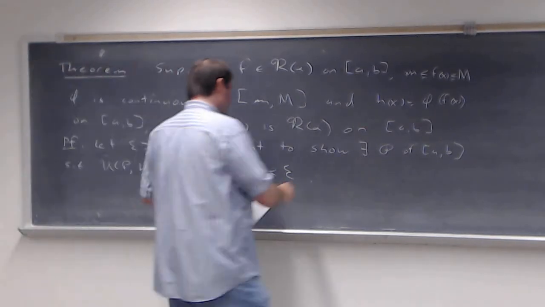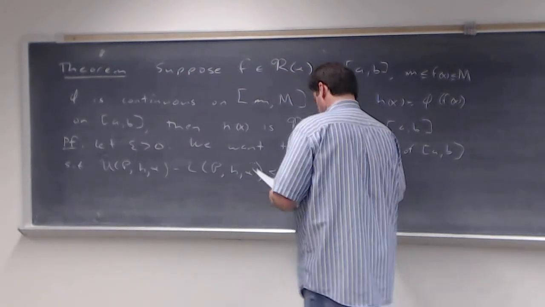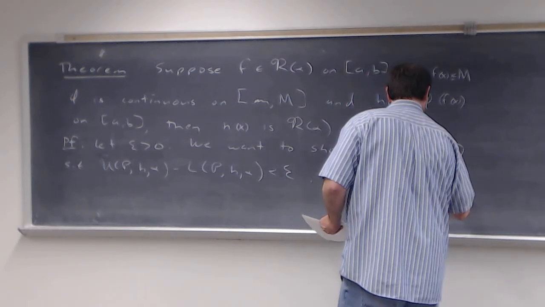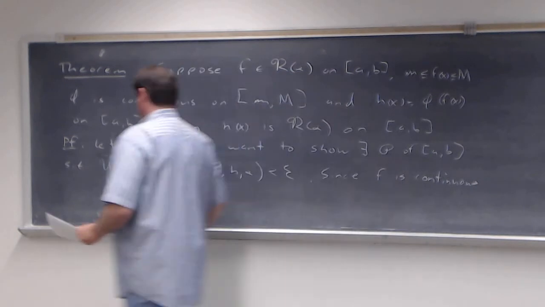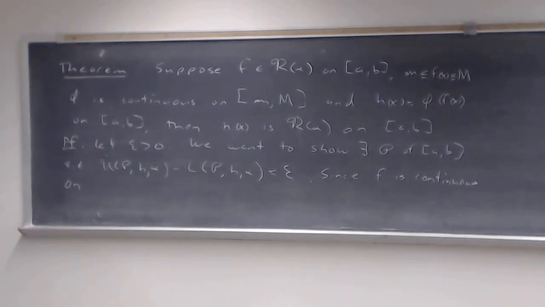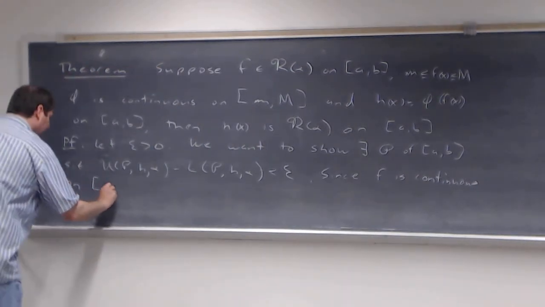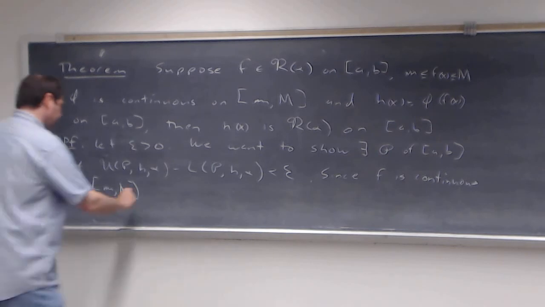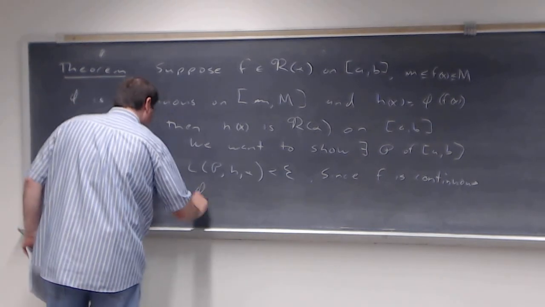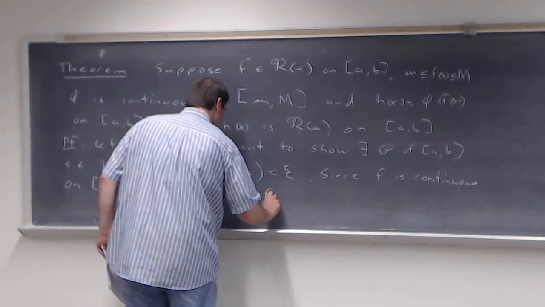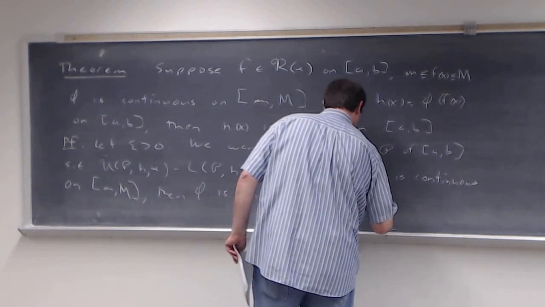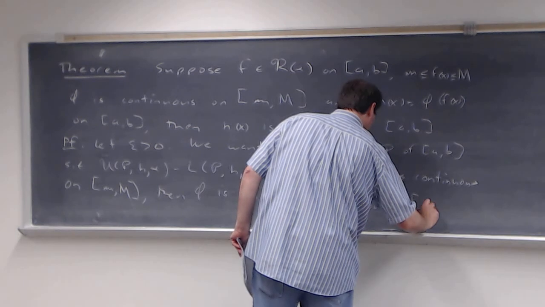Okay, so since phi is continuous on this closed interval from little m up to big M, phi is uniformly continuous on this interval.